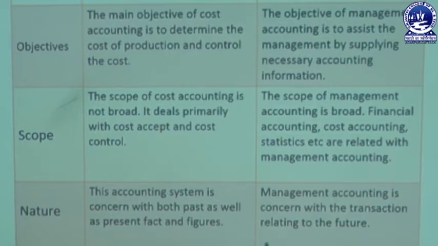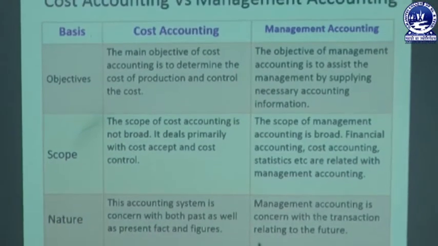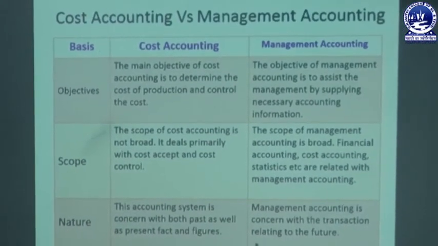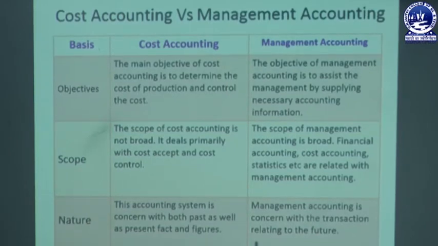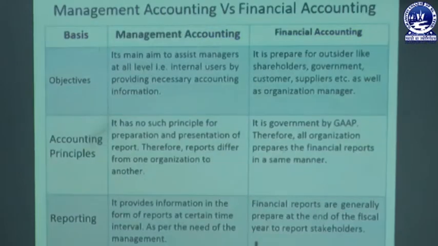But management accounting is concerned with transactions relating to the future. That means after the information is supplied by cost accounting as well as financial accounting, management accounting takes managerial decisions, and that decision is always based upon the future, as management accounting is concerned with the future course of action.